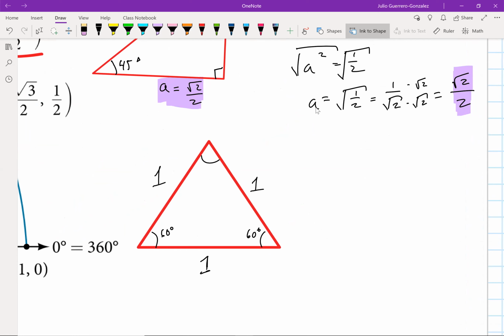So what I'm going to do is I'm going to grab this triangle and slice it straight down the middle. Okay, so now this becomes two triangles, right? And specifically, this happens up here. One of these angles is 30 degrees, and the other one is also 30 degrees.